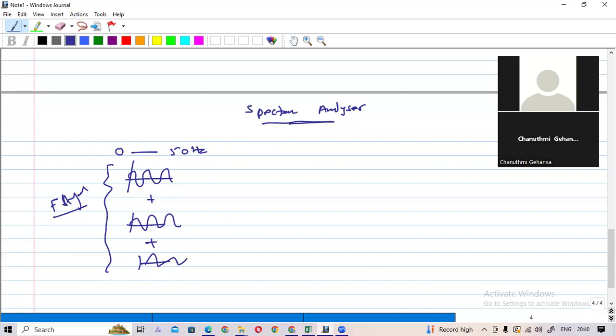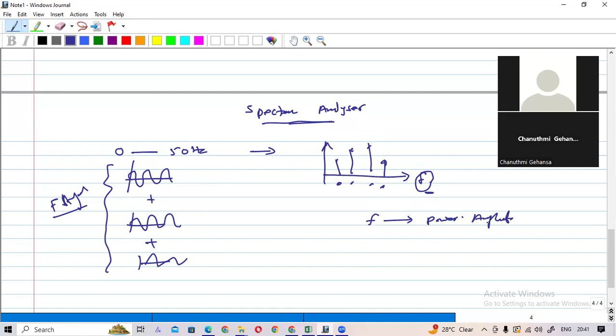Then the spectrum analyzer will plot the amplitude or power of each sinusoidal component with respect to the frequency. So it has the frequency and the corresponding power or amplitude.